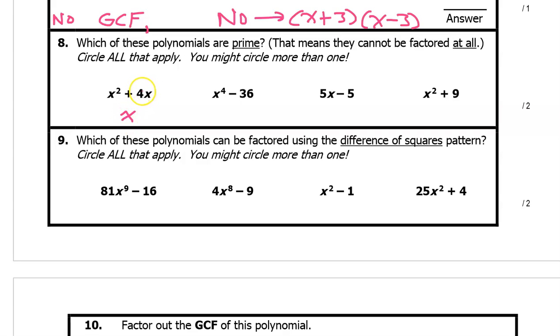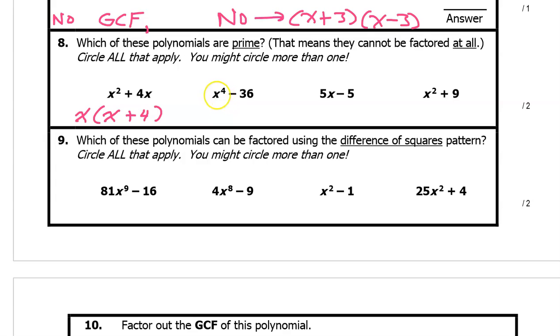That means this one can be factored. So forget about that. In fact, just for practice, for the ones that can be factored, we'll just plain factor it. So the GCF is x, so I could pull out that x. And then if I divide everything by x, that's going to leave behind x plus 4. So that's how you would factor that. So we're not going to circle that one.